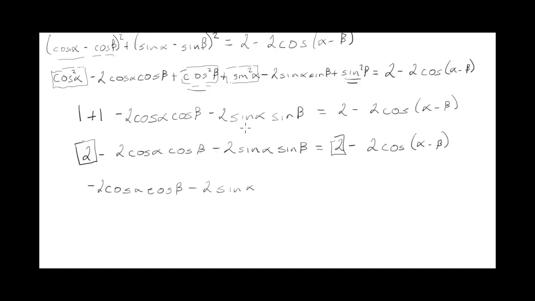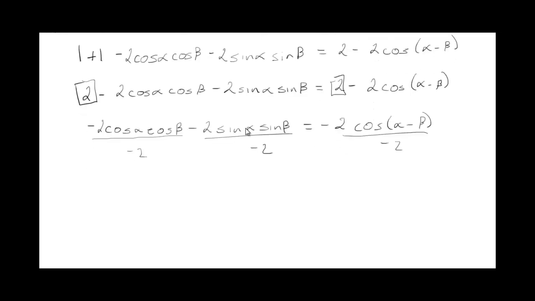Each term then has a coefficient of negative 2, so if I divide both sides by negative 2, you can do that, you are left with cos alpha minus beta on the right side.